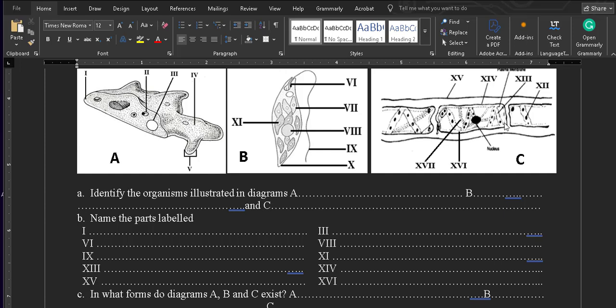You can see these structures going up and down. So that is the chloroplast, or the spiral chloroplast. It's based on the nature of the chloroplast that we have Spirogyra, so spiral, so Spirogyra.